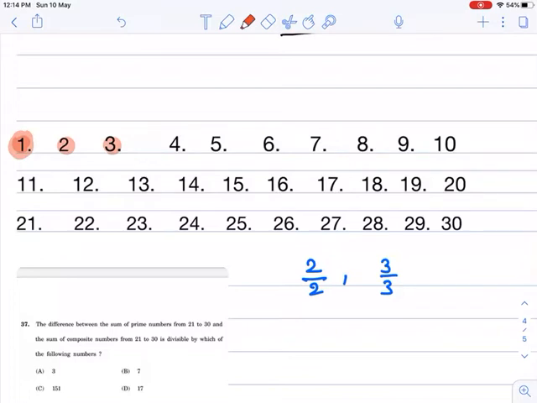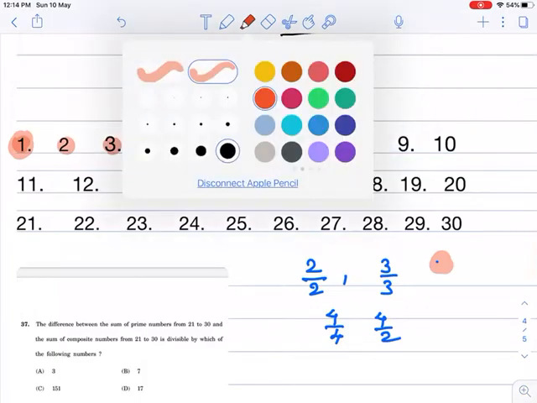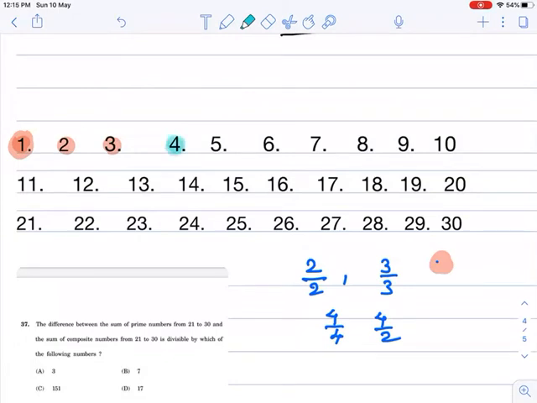Now 4 is divisible by 4, also divisible by 2. So therefore 4 is a composite number. Similarly 5, we can think 5 is divisible by only 5.